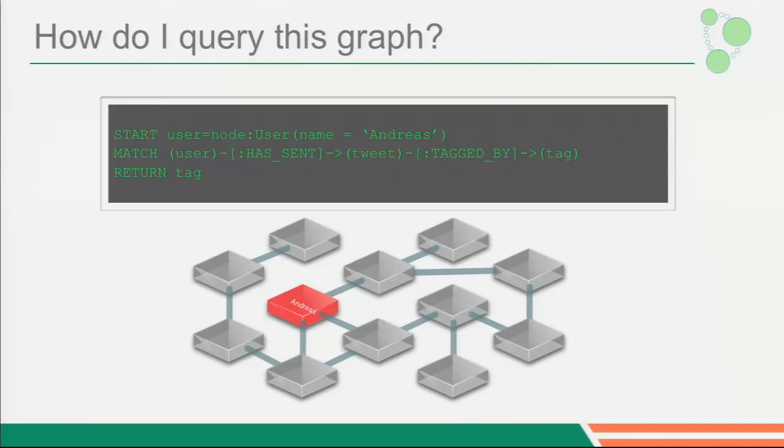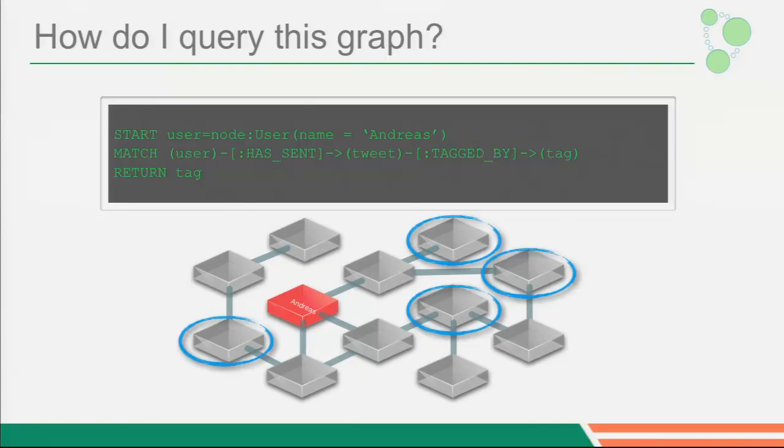So over here we have a node that we call user, which is connected using a has sent relationship to a tweet, which is then connected using a tagged by relationship to a tag. So if we start at Andreas, the red node down there, we're going to make one hop to the tweets, which is immediately connected to Andreas, and then another hop to the tags, which are all the blue nodes in this picture.